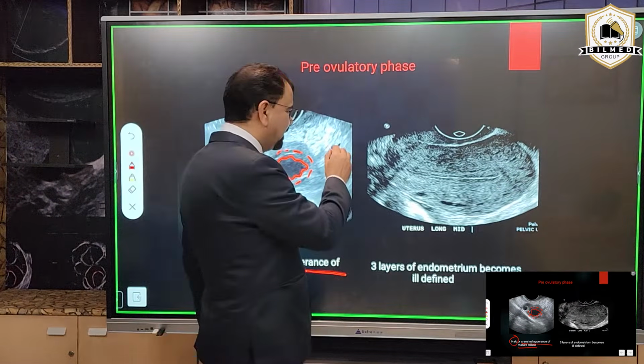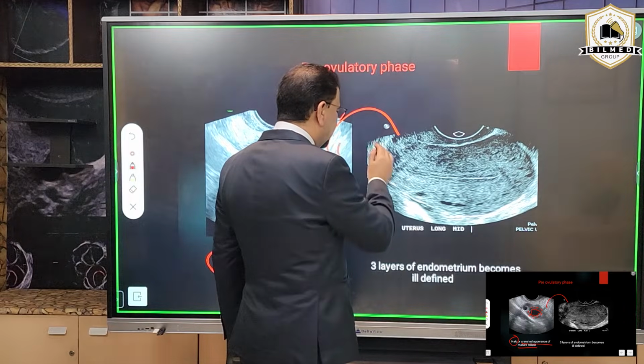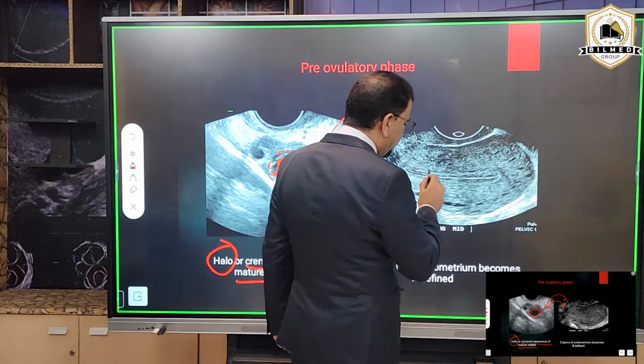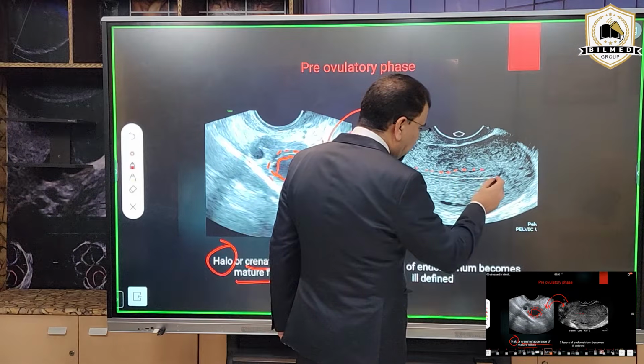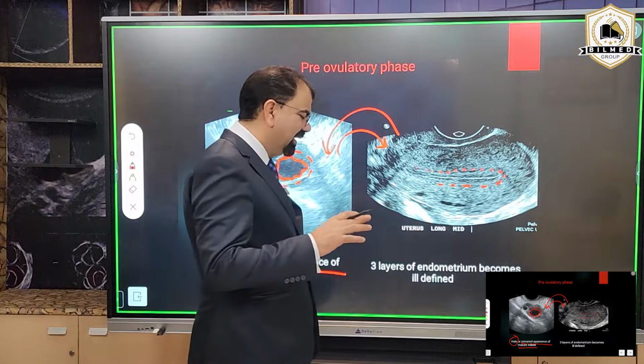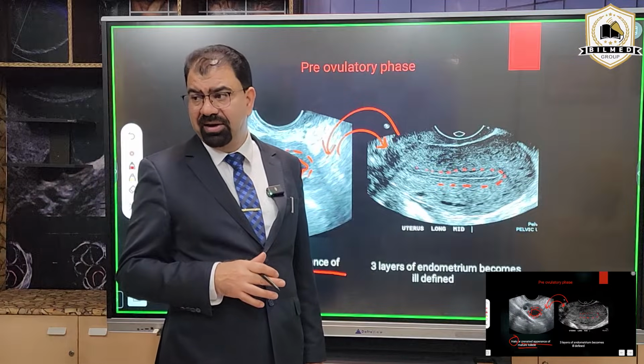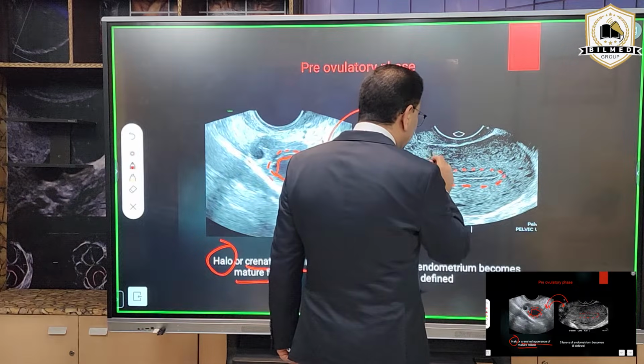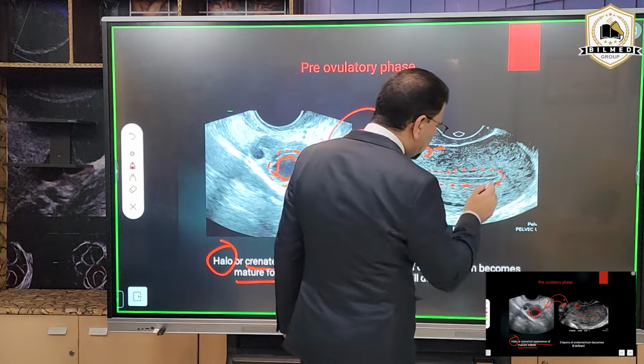And parallelly, I'm telling you, time and again, you have to keep an equal eye on the endometrium, and the endometrium should show you some ill-defined triple layer endometrium, because this is now changing from the secretory to the luteal phase.